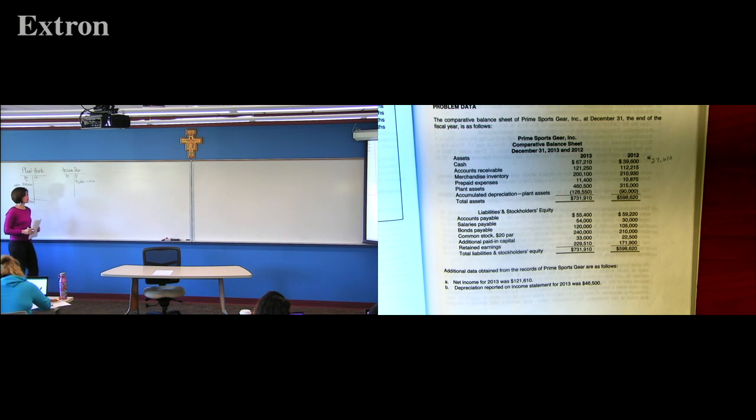So accumulated depreciation will start off with a balance of $90,000, and by the next year it was $128,550. Like I said already, I'm going old school here, using T accounts first, and then we'll incorporate all this data into our Excel spreadsheet.